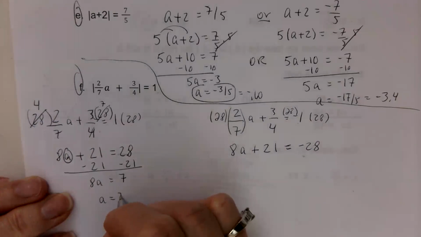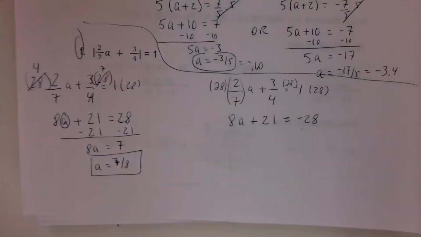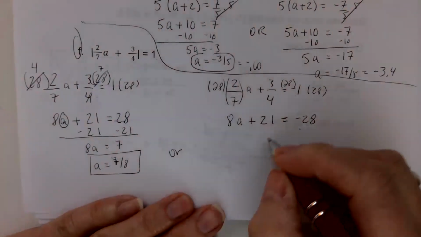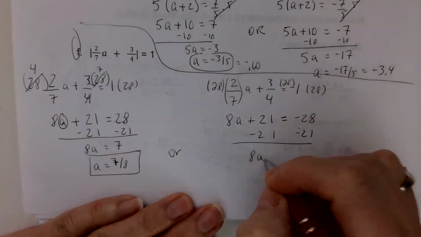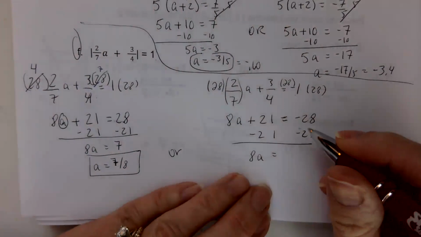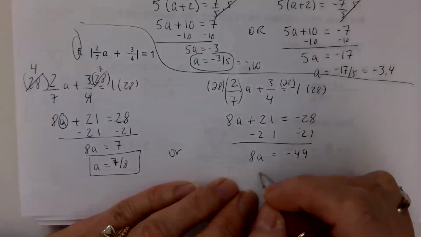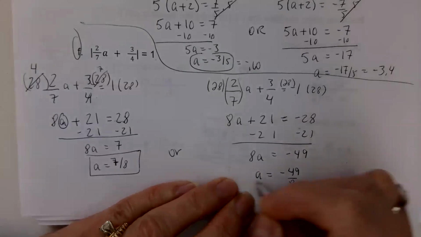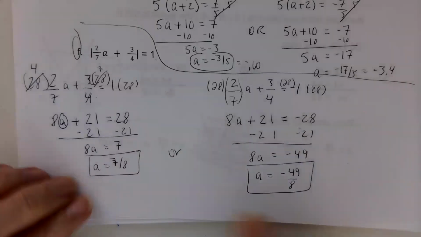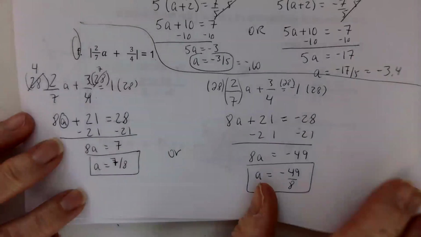So A equals 7/8. Or subtracting 21, 8A equals a -49. And A equals -49/8. So positive 7/8 or -49/8 is my solution there.